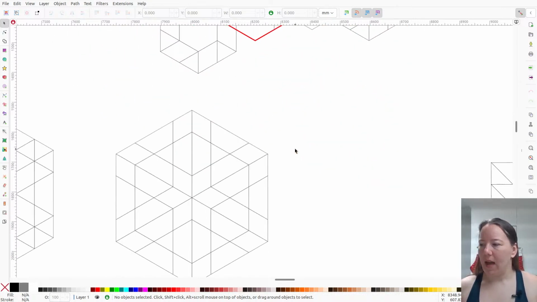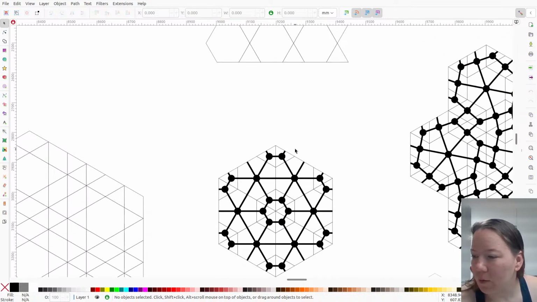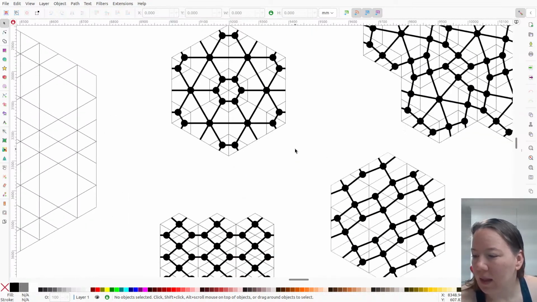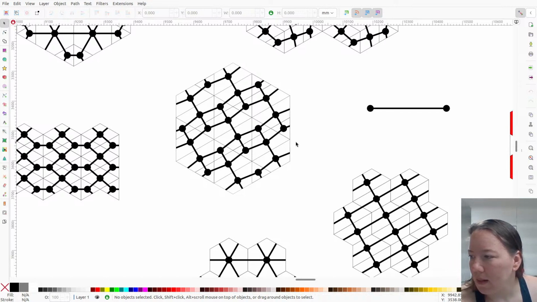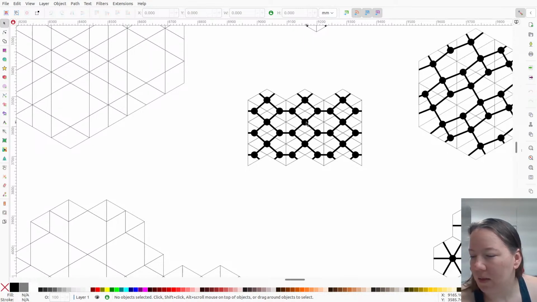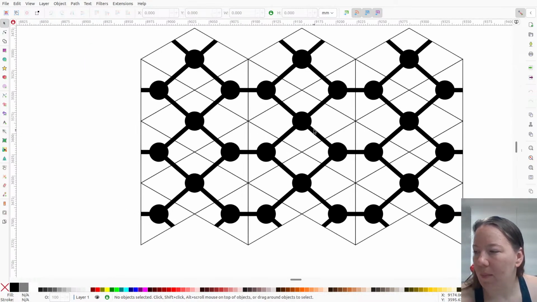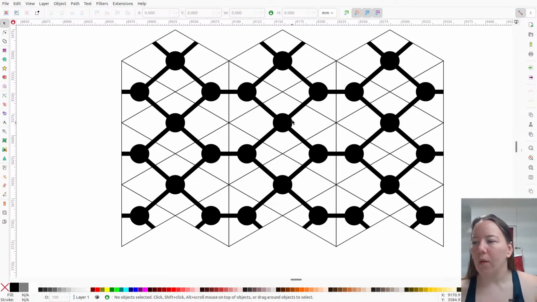And one thing I hadn't mentioned yet is the connection between the tiling and the tessellation. So let's say we're looking at this stripes of rhombi and equilateral triangles pattern.